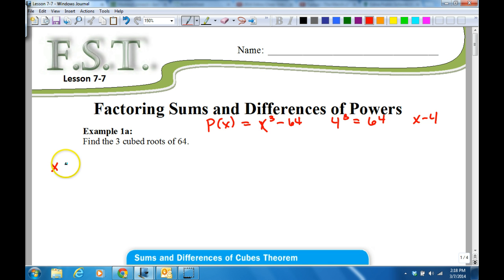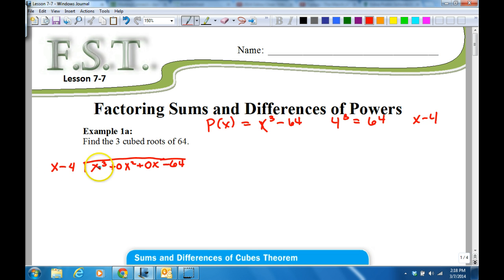So I'm going to put this right here, and I'm going to divide that into my original x to the third minus 64. But notice, I'm going to put in what was missing in between those two terms. So plus 0x squared plus 0x minus 64.